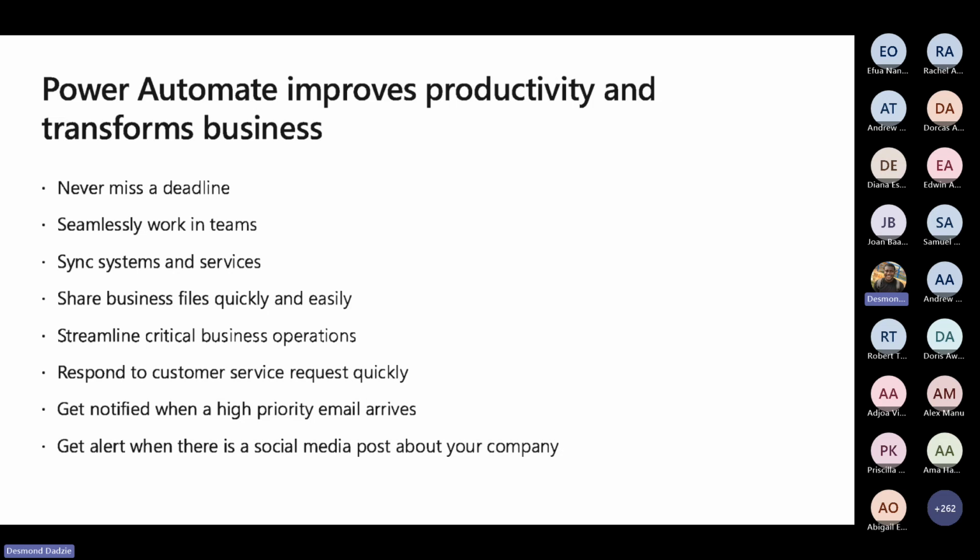You could get a notification about your company posting something and quickly check in to like or even comment. So these are some of the ways Power Automate helps us improve productivity within the business, and also helps you transform the business as well.